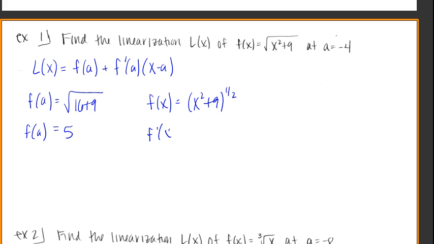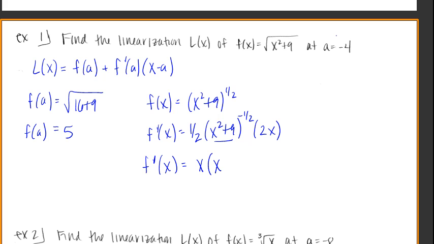So f prime of x is 1/2 times x squared plus 9 to the negative 1/2, times the derivative of the base, which is 2x. Cleaning that up, f prime of x equals x times x squared plus 9 to the negative 1/2.